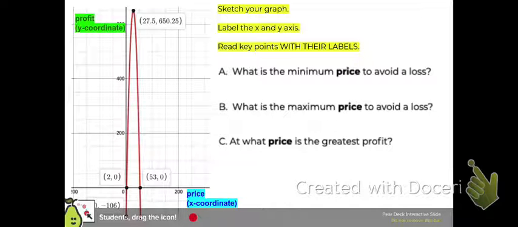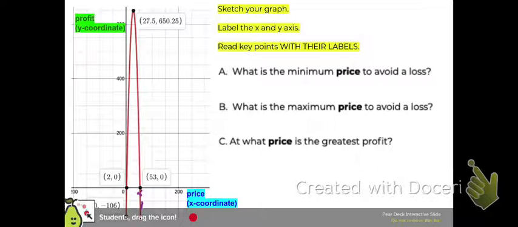The point at the top here is saying at $27.50, if my price is $27.50, my profit is $650.25. So that's my highest profit. And then the (53, 0) is saying when my price is $53, my profit is back down to 0. And then any price bigger than that, I have a loss again.